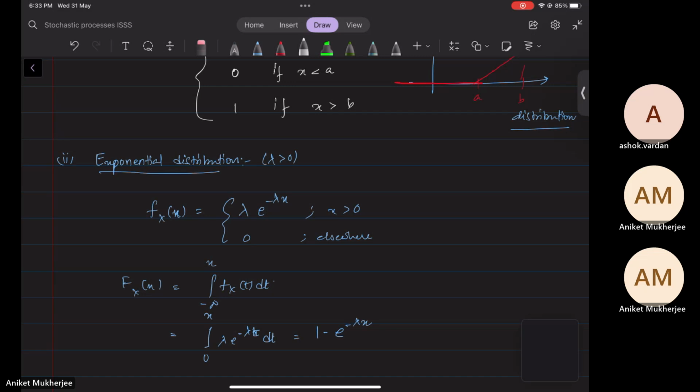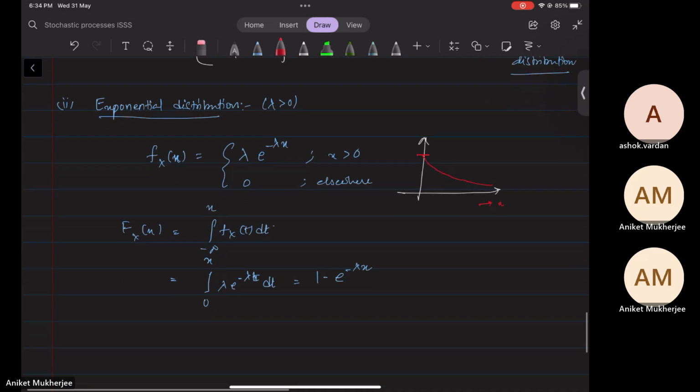The density function decreases exponentially, and the rate at which it decreases depends on the parameter lambda.